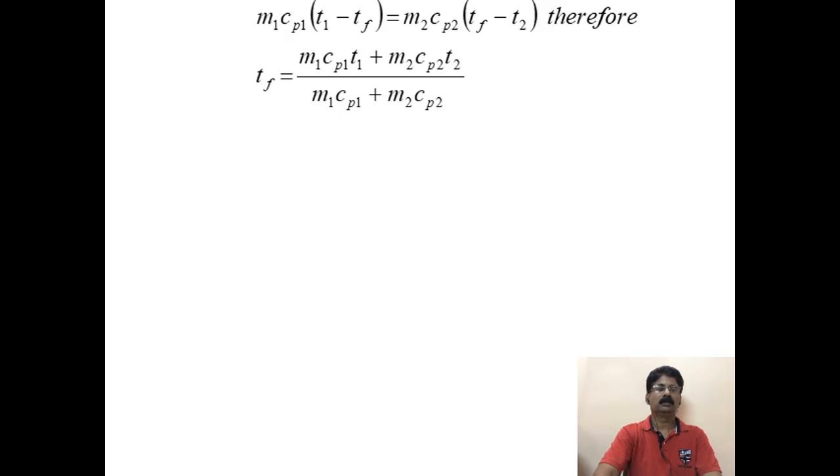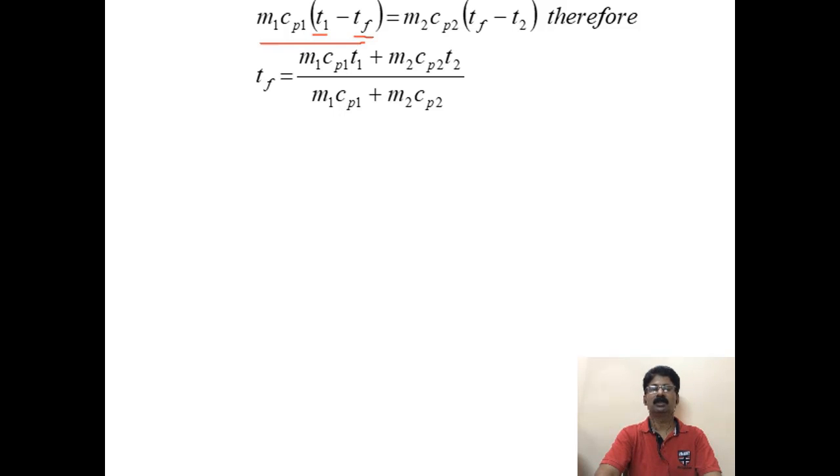Now let us use the calorimetry principle, that is, heat lost by the hot substance is equal to heat gained by the cold. Here this is water at 80 degrees Celsius. Initially at temperature T1, after mixing it becomes Tf. So delta T is T1 minus Tf.